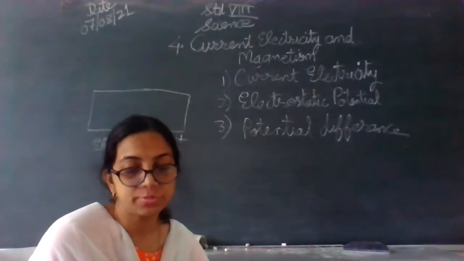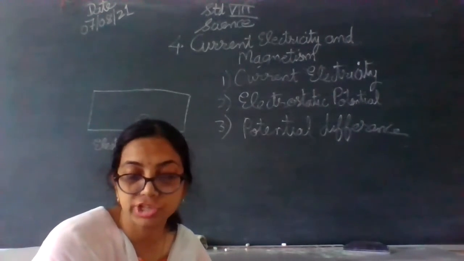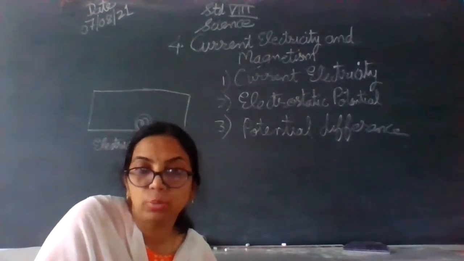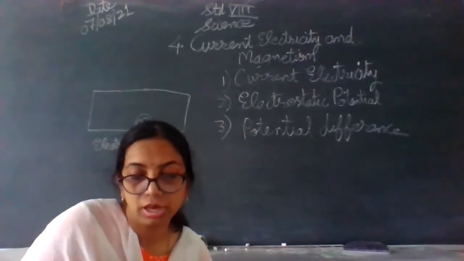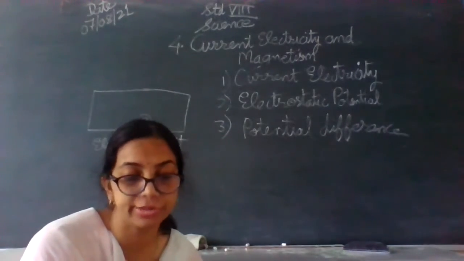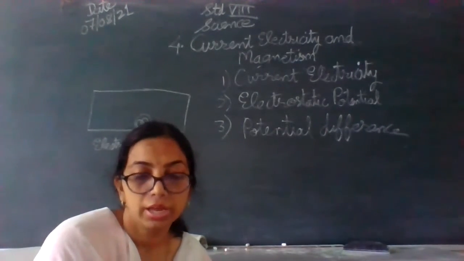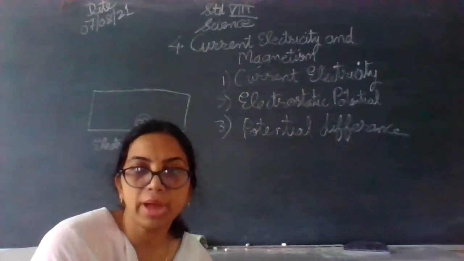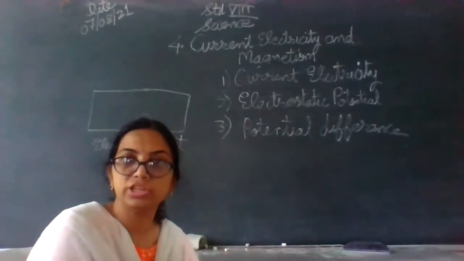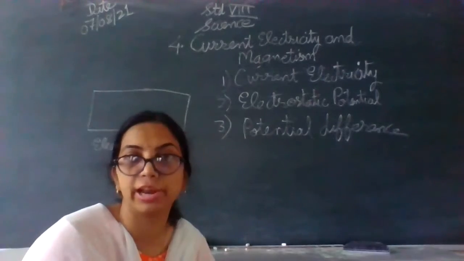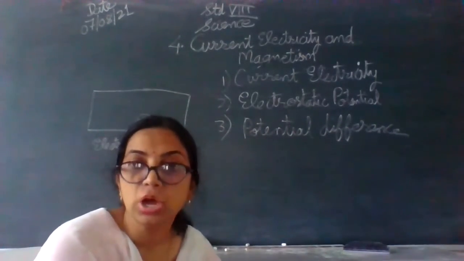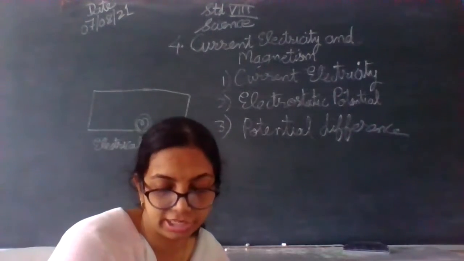The difference between the potential of the two points, hot and cold, in between all the points in the process of cooling, that is the potential difference. Or water falling from some height to the lower level, from where it is falling and where it has fallen, in between all the points are considered to be the potential difference.